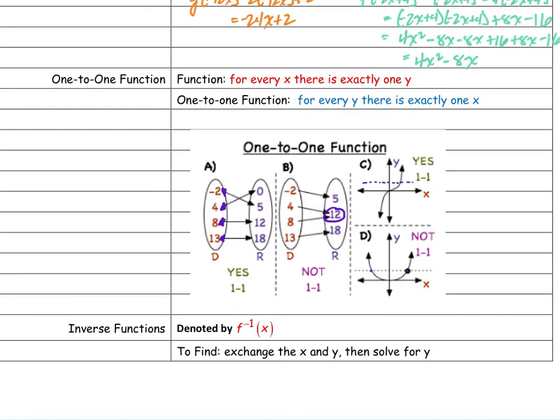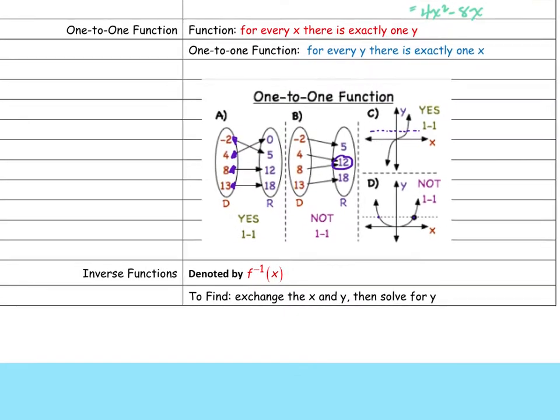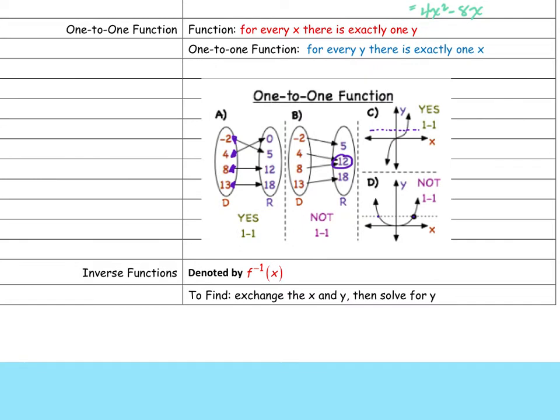So that's what it's talking about, why we want to know if it's a one-to-one function. We are still going to find the inverses of them algebraically, but if we were graphing them, we couldn't say that the inverse is a function, okay? Notice I said if we are graphing them, we're not graphing right now.